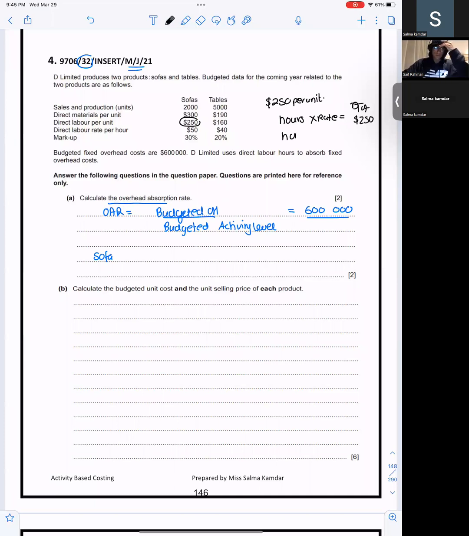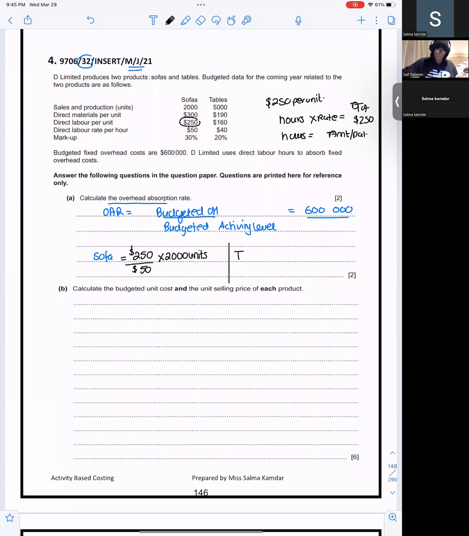So how will I get hours? I will get hours by the amount divided by rate. $250 divided by rate is $50. And how many units of sofas am I making? 2,000 units.